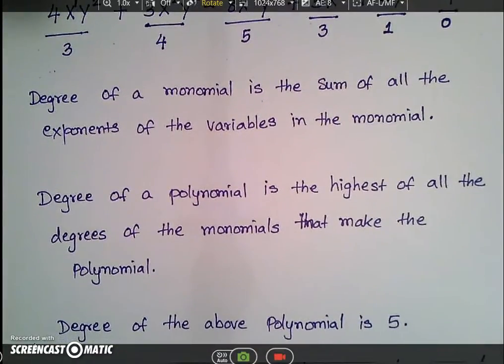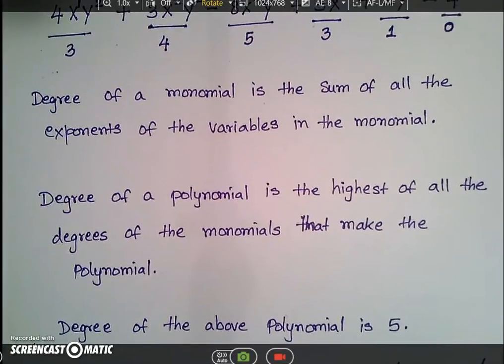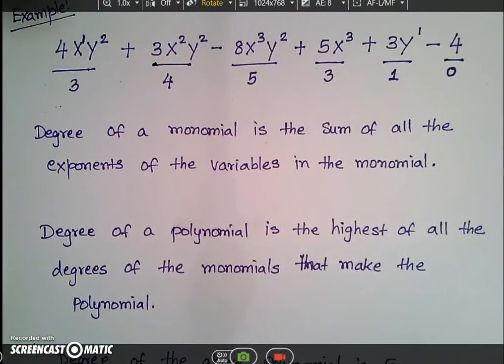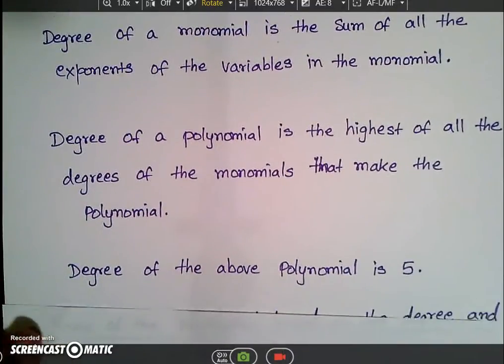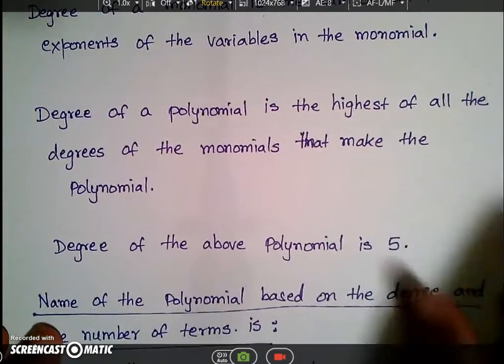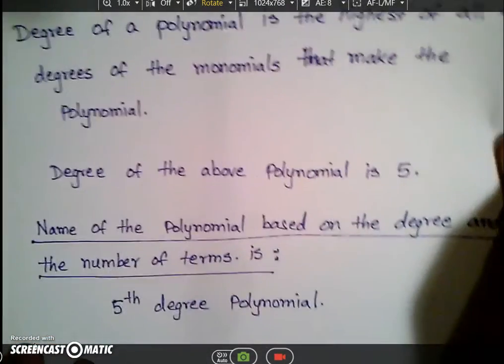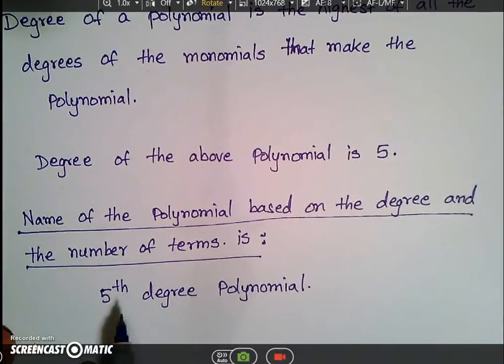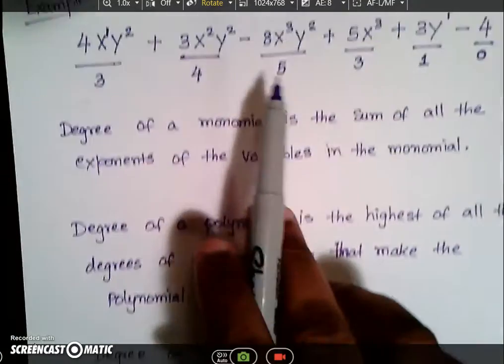So as I said earlier, when I am classifying polynomials based on the number of terms and the degree of the polynomial, I'm not just going to classify it based on one of them. I'm going to write the name based on both the degree and the number of terms. So if I want to write the name of the above polynomial based on the degree and the number of terms, it's a 5th degree polynomial because there are more than 3 terms.